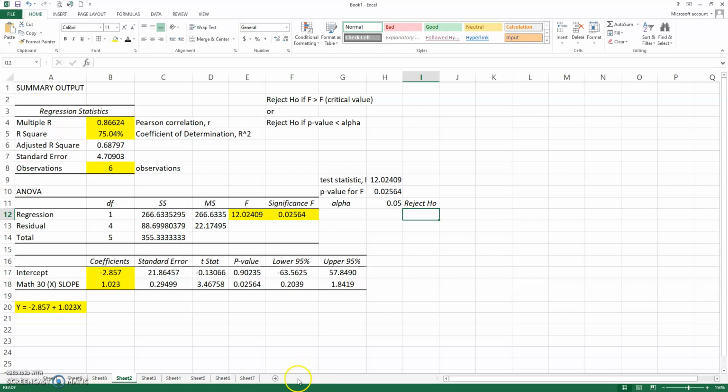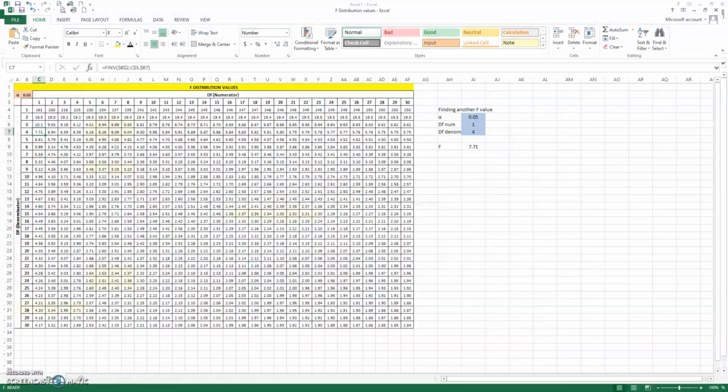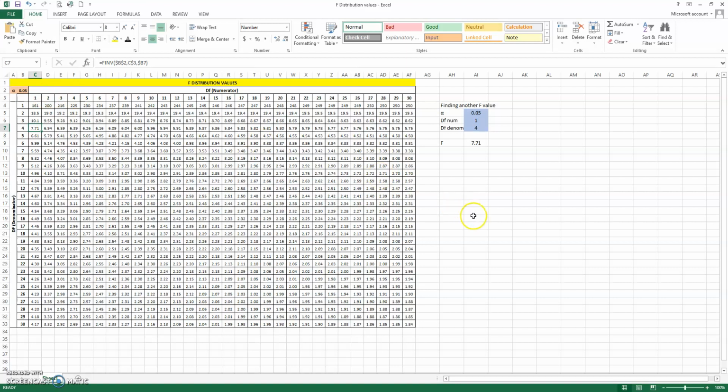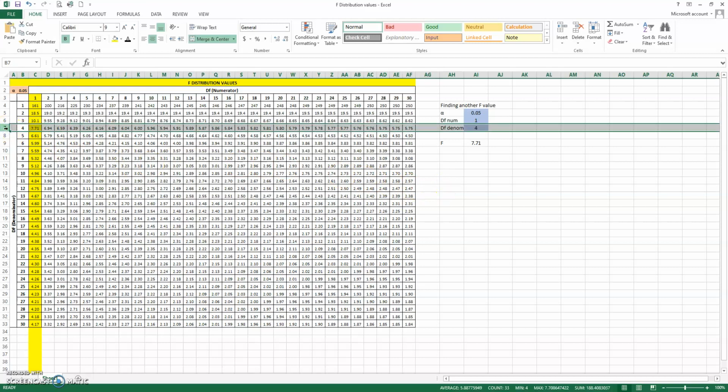We can also find the critical value of F. In order to find the critical value of F, we need to go to the F distribution chart, using alpha 5%. Degrees of freedom for simple linear regression is k in the numerator. K is the number of independent variables. We have one of them, so we're going to be using this row. And n minus k minus 1 for the degrees of freedom in the denominator. So we have 6 minus 1 minus 1, which equals 4.